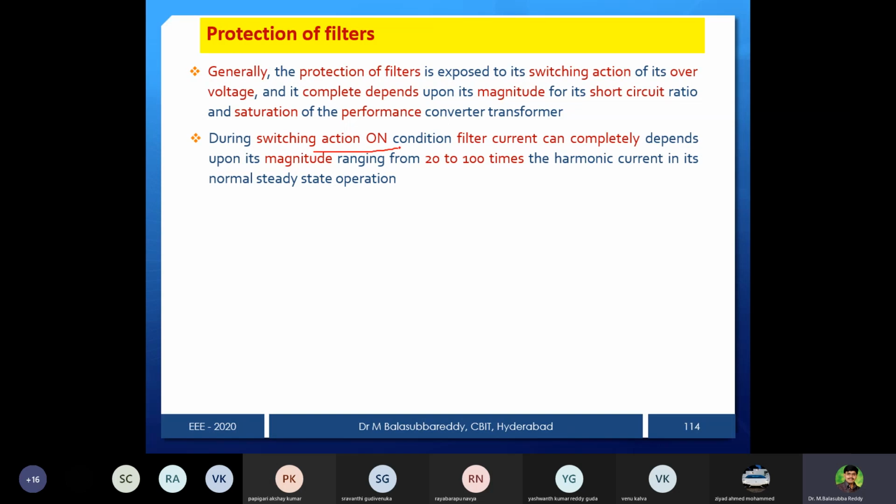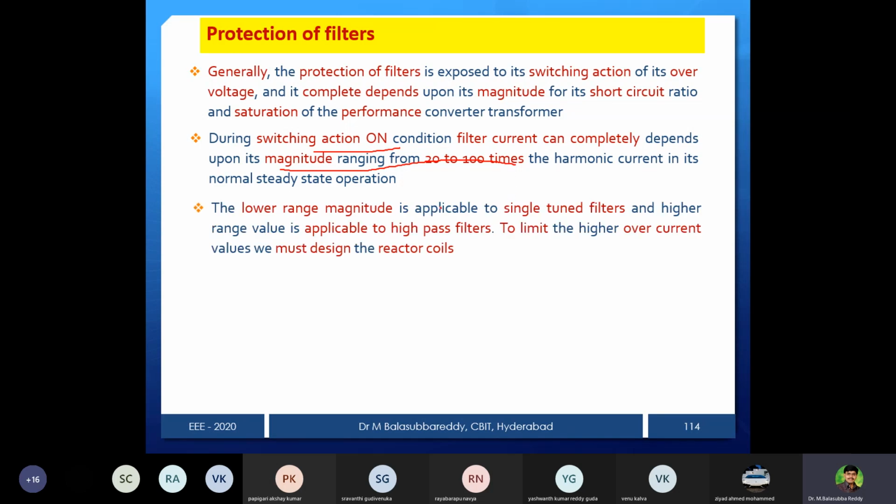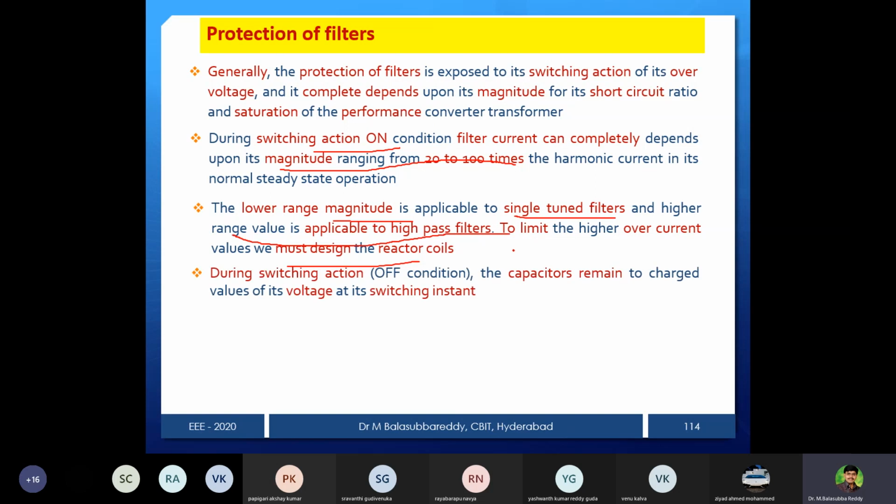So during on, let it be a switching on condition, the filter current completely depends upon the magnitude, ranging from 10 to 100 times the harmonic current. Similarly, the lower range magnitude is applicable to single tuned filters, and the high range value is applicable to high pass filters. To limit the higher overcurrent values, it must be designed on the reactor coils.